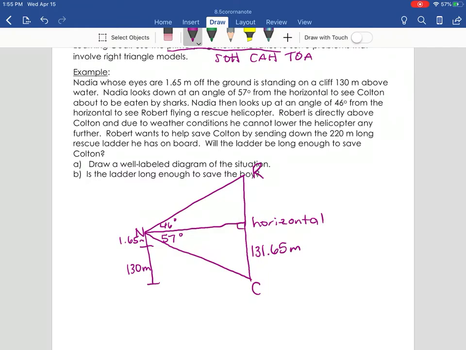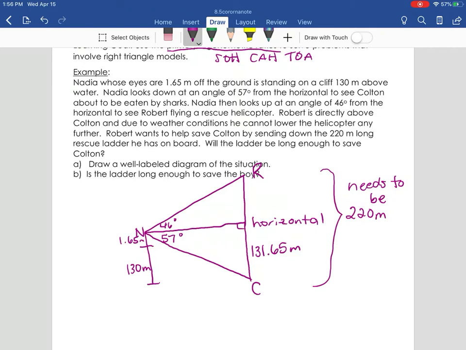That piece of information about the 220 meter long rescue ladder is how long the distance from Robert to Colton needs to be. That's how long the ladder is. So we're going to calculate how long that distance actually is.